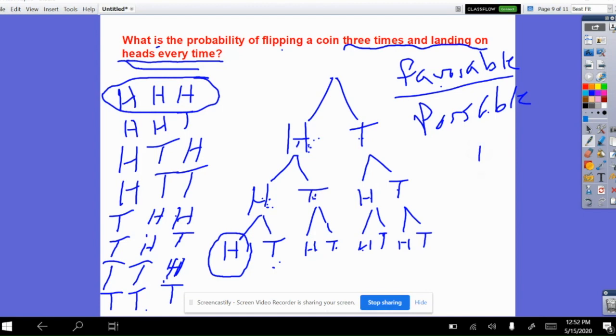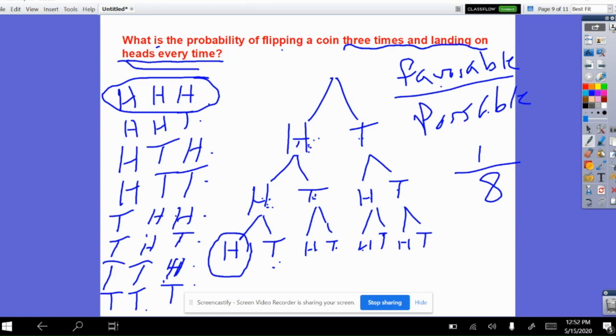So I say 1 over, and then I list the possible outcomes: 1, 2, 3, 4, 5, 6, 7, 8. There were 8 possible outcomes. So the probability of landing on heads all 3 times is 1 out of every 8 attempts. That's how we do that.